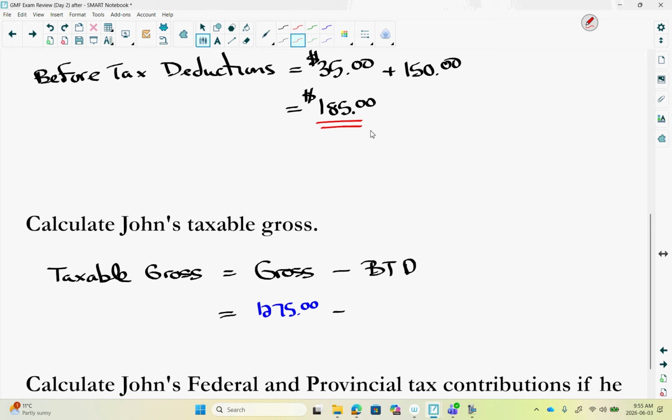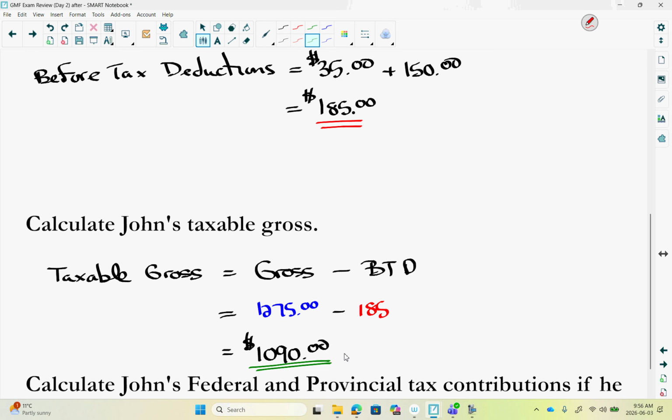That's the 185 right here. And what do I get for his taxable gross? $1,090. Now this number, the $1,090, is used to calculate John's federal and provincial tax contributions.